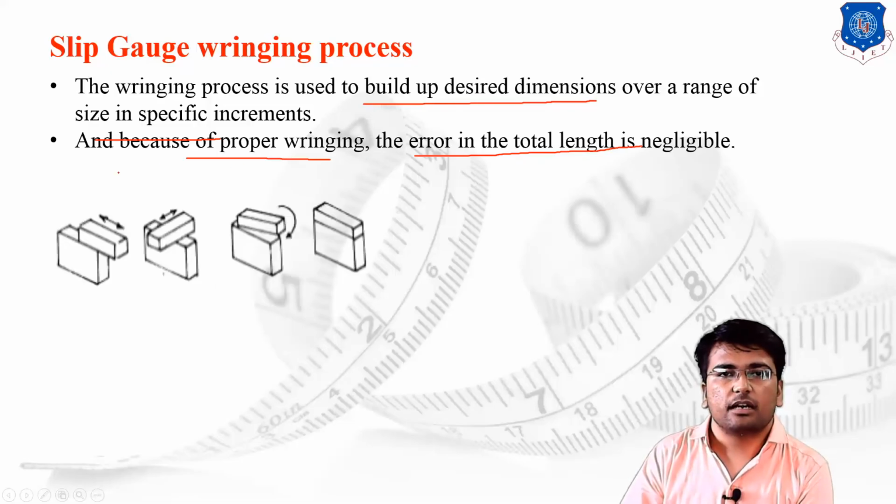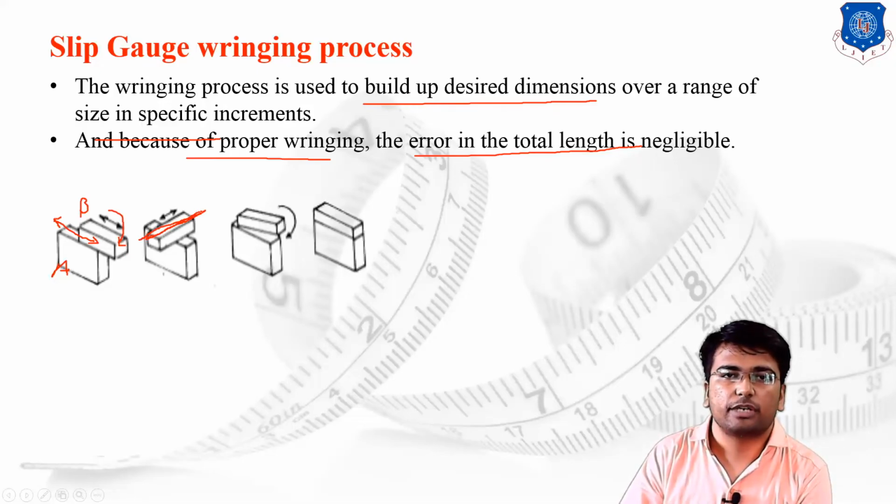This is the conceptual motion of the slip gauge. Suppose this is slip gauge number A over which we are placing slip gauge number B. First, we rub both the slip gauges in one direction. Once you feel the magnetic property, or magnetic characteristics, between the mating surfaces, we do a perpendicular rotation. You can check this on your second image.